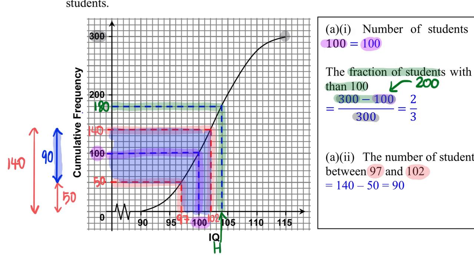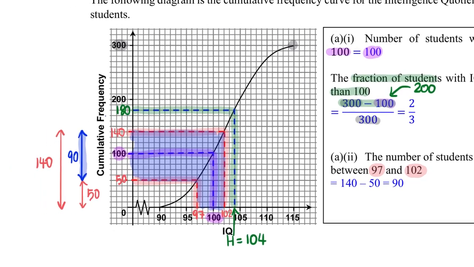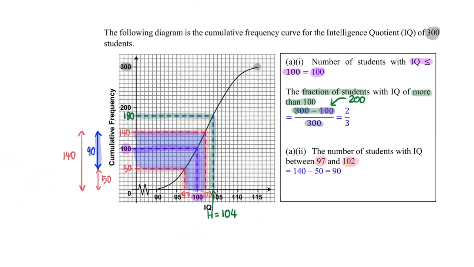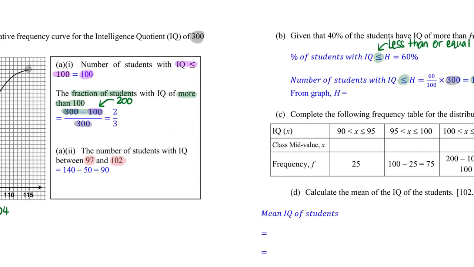This will be my H, which is equal to 104. And therefore, from the graph, my H is 104.